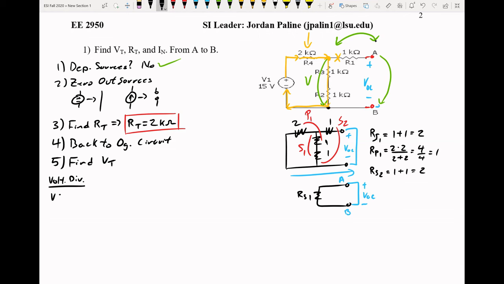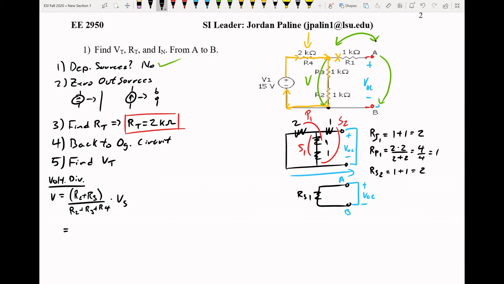So V is equal to R2 plus R3, because it's the total drop, it's total resistance along that branch, divided by R2 plus R3 plus R4 times V of the source.